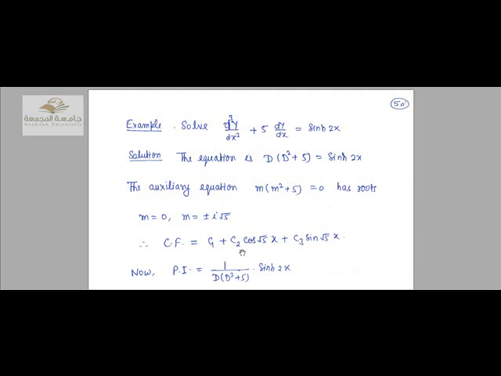Therefore, the complementary function is c1 + c2 cos √5x + c3 sin √5x, and the particular integral is equal to 1/(D³ + 5D) sinh 2x.